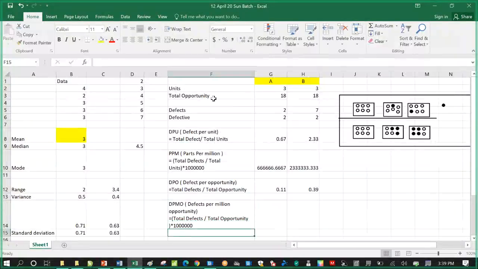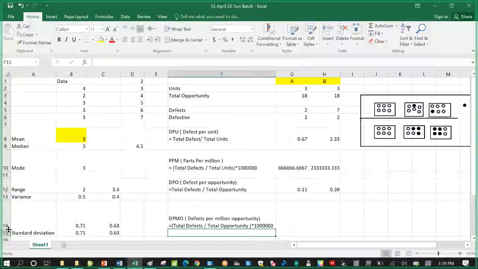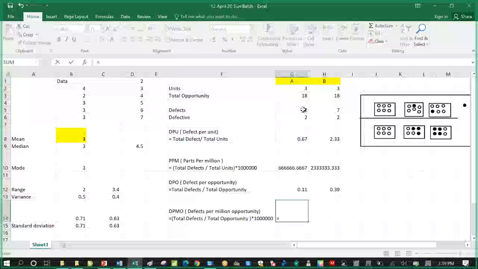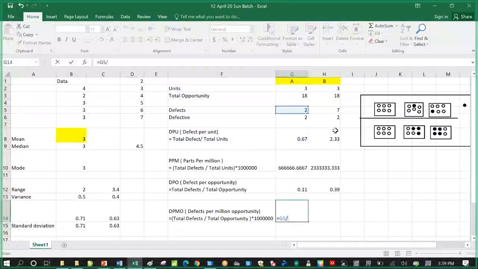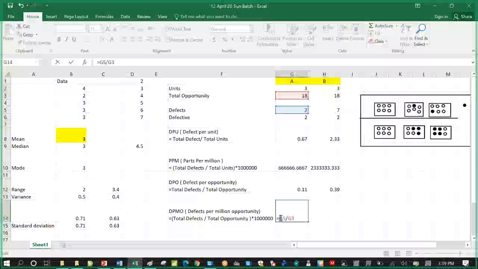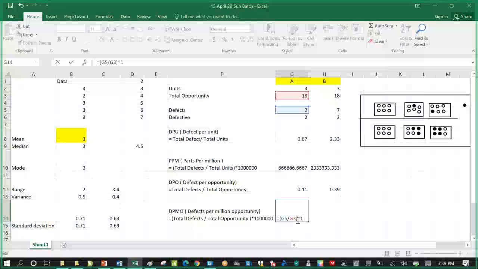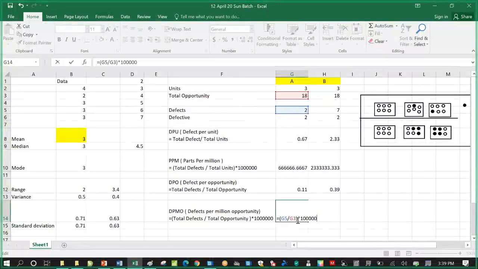So here, total defects divided by total opportunity into 1 million.